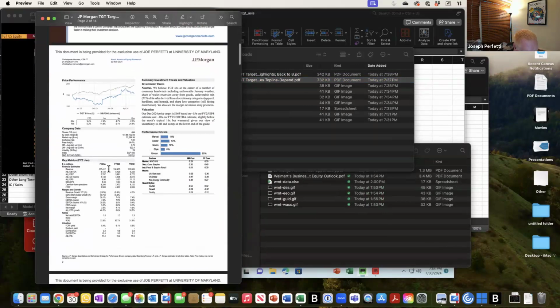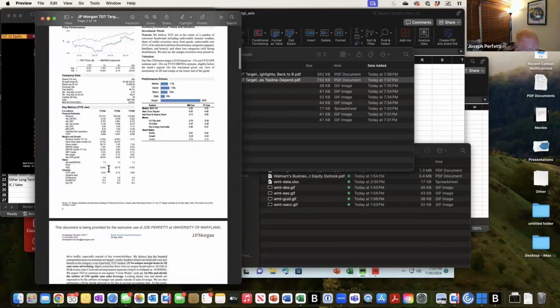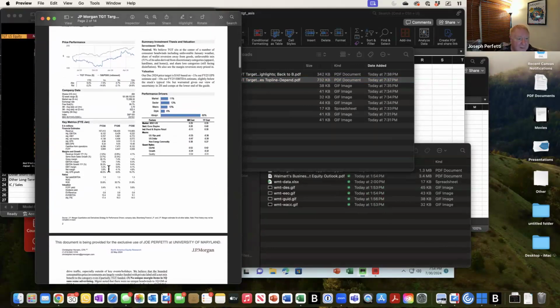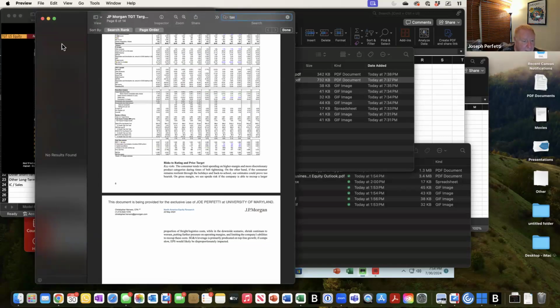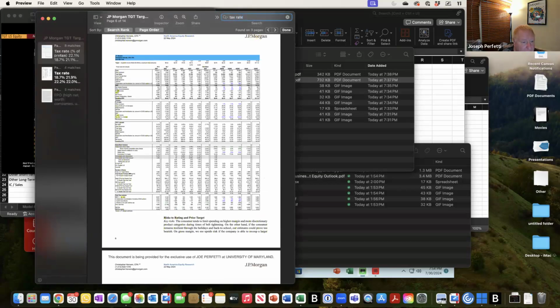And one of their forward metrics is the tax rate. Oh, here it is. It's further down. Tax rate. All right. So this is the tax rate JP Morgan is forecasting in the out years. Somewhere between 22 and 22.2, and 22 is their perpetuity year.